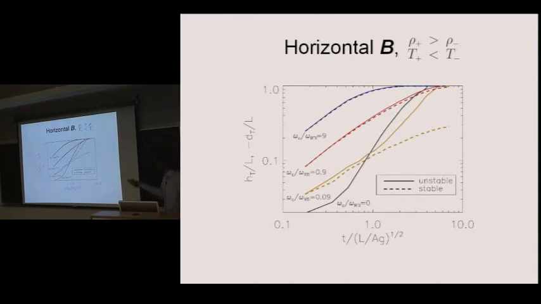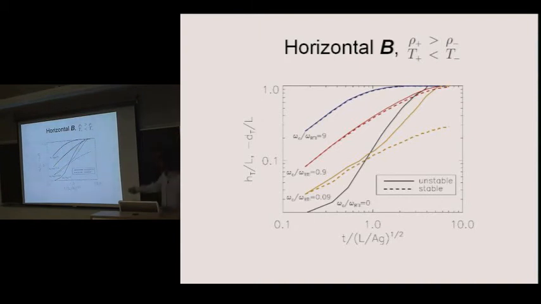Physically, it would be because the magnetic field isn't exactly aligned with the interface, so there's a small component perpendicular to the interface. So initially, diffusion is most important. However, at later times, the Rayleigh-Taylor instability starts to grow, and the height increases much as in the case where you didn't have any conductivity at all.